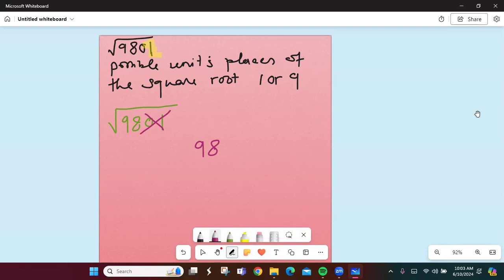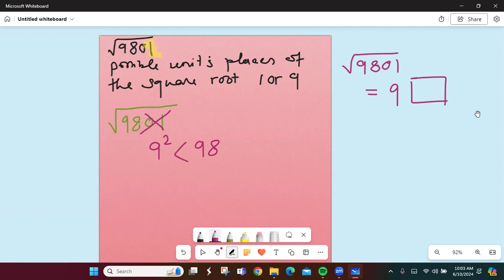As you know, 9 square, 81, is just less than 98. So the square root of 9,801 will start with 9, and I have to select the proper units place.